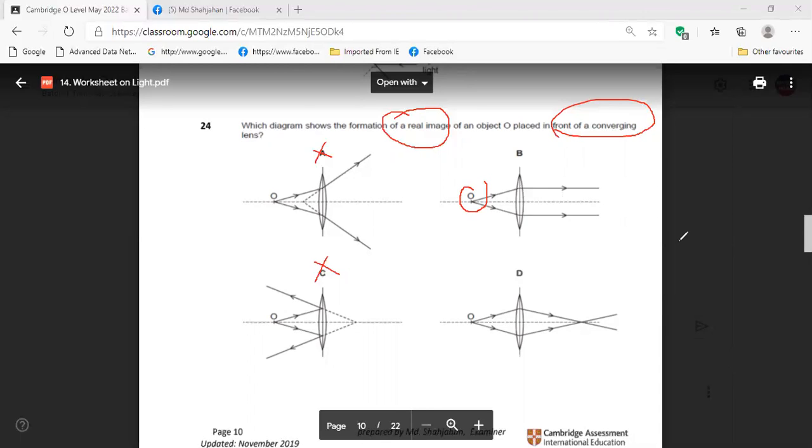Maybe we chose D, sir. You chose D, both of you? Yes, sir. Mahi also chose D.